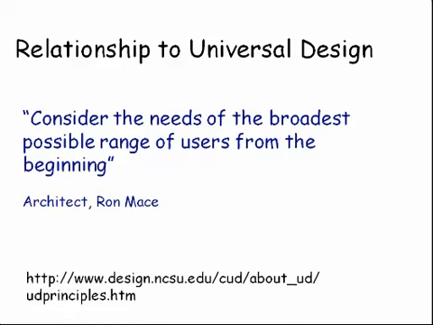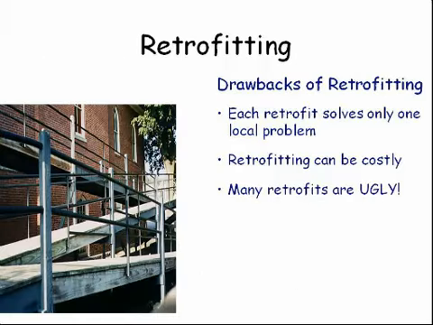He considers the needs of the broadest possible range of users from the beginning. And I think that's crucial when we look at universal design for learning, is that you want to consider all of the needs of the broadest possible range of students that are going to be in your class. And that's how you would design your curriculum universally.